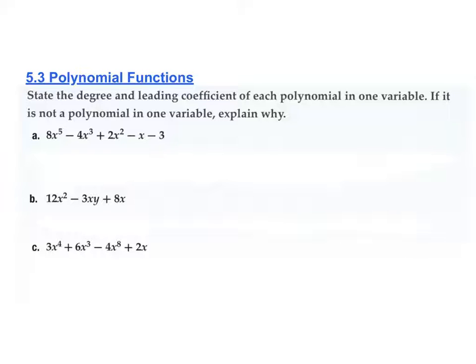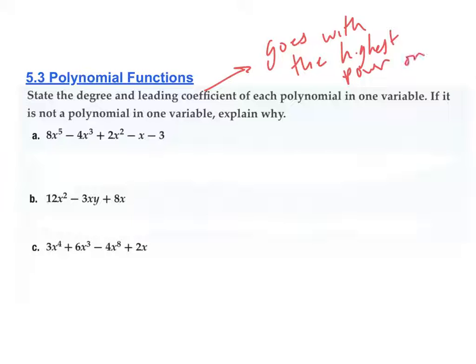So there's a couple parts to this that I want to make sure of. First off, leading coefficient. Leading coefficient does not mean, so first of all, coefficient is that number in front of the variable. And what's important is the leading coefficient goes with the highest power on the variable.